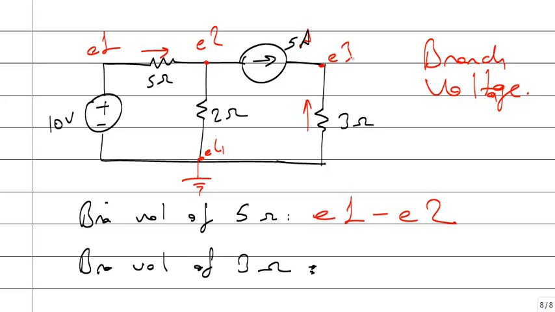No, if you say E3 minus E4, you define the current downwards, but I have defined upwards. So E3 minus 0, and E4 is the ground, so it will be minus E3.